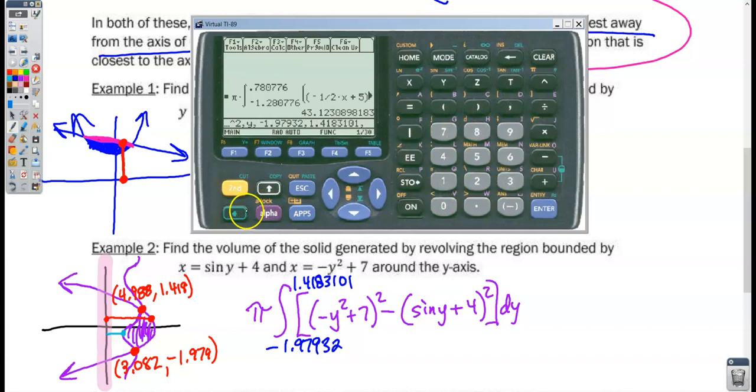Oops, and I want to close parentheses. There we go. And let my calculator find the volume here, which is going to be 227.549.